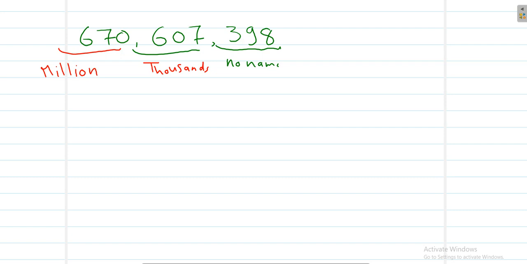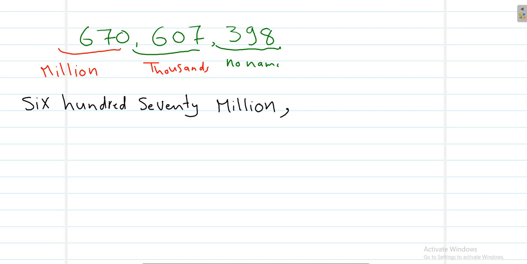So now let's read it together. 670. 670. I'm gonna write it here. 670. And follow it with the family name. It's gonna be million. Really good. And the separator here.